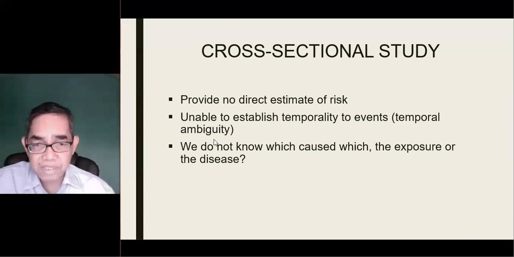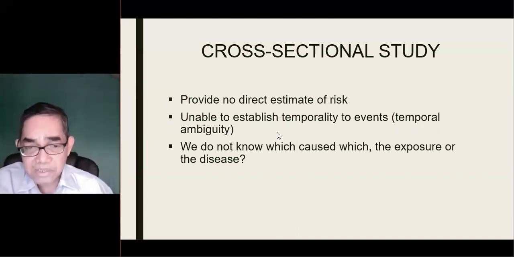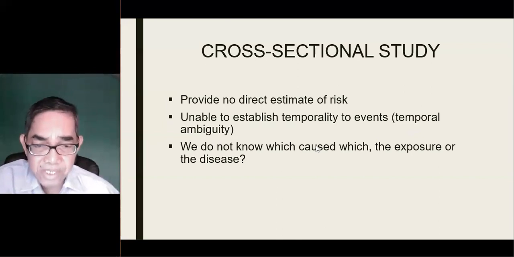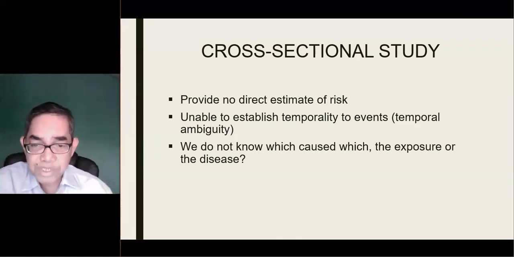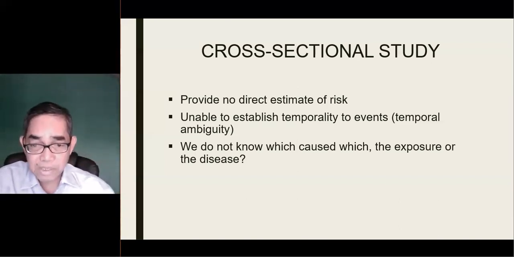And the bias in a cross-sectional study is temporal ambiguity. Temporal ambiguity means we do not know which caused which. Is it the exposure or the disease that caused what?